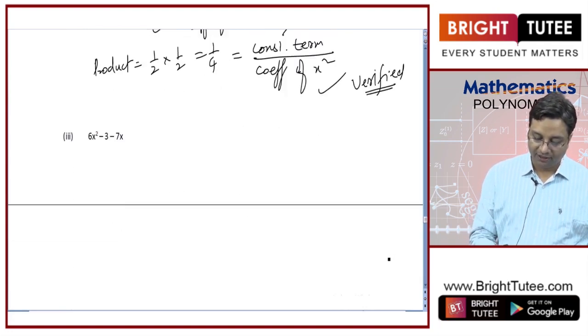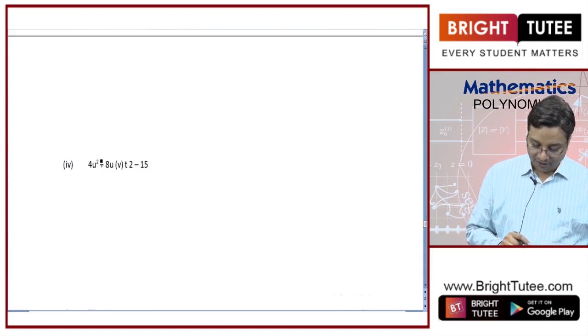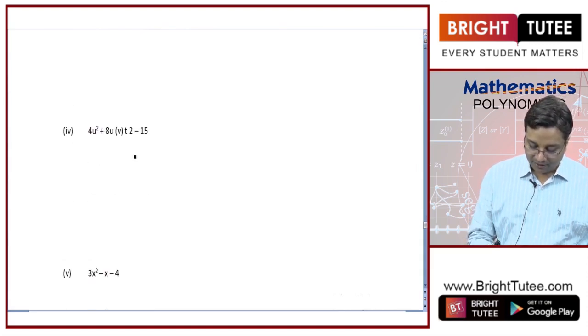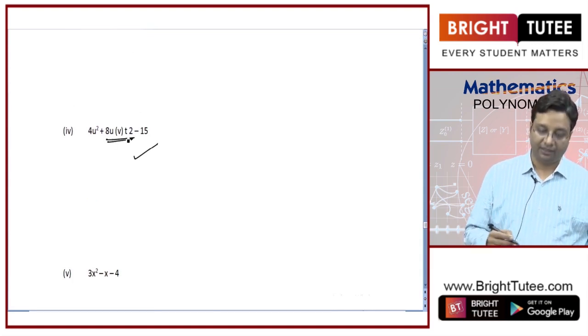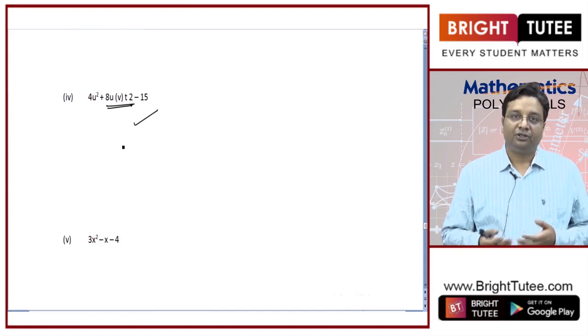So let's leave this question for your practice. Okay, you just factorize it and then verify the relation. This should also be really simple. Okay, there seems some mistake in this statement, but I would have left it for your practice.